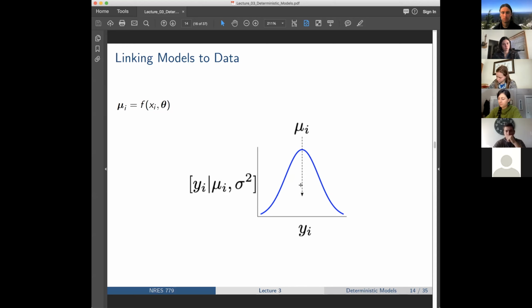So mu is the peak of this, and then sigma squared describes the dispersion. This bracket could represent a normal distribution where mu equals the mean and sigma squared equals the variance. So mu could change, it could go to the left or to the right, and sigma squared could change, making this shorter and wider or taller and skinnier.